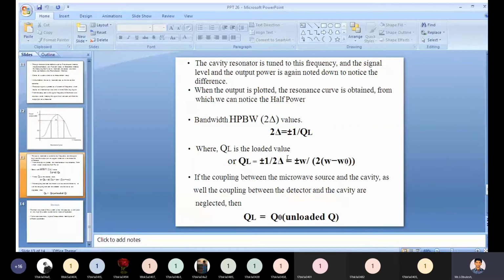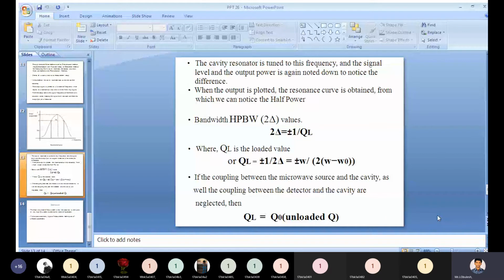Or else you can represent it in terms of omega: plus or minus omega divided by 2 into (omega minus omega naught).